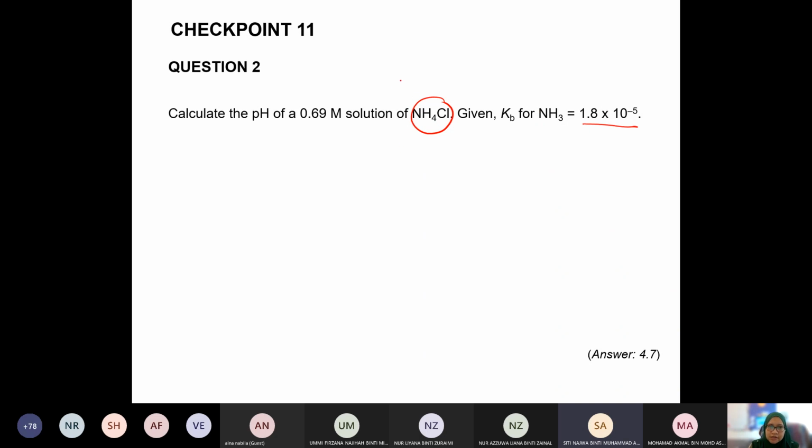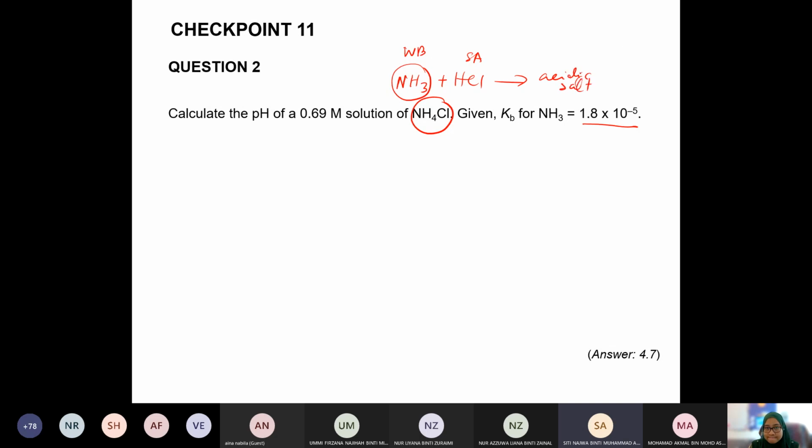It's just that this time we have to consider the reaction that produces this salt. We want to predict, if we have an acid and a base, what will be the acid and what will be the base that can produce this salt. So we have a weak base plus HCl. This is a strong acid, this is a weak base. So it should be an acidic salt.